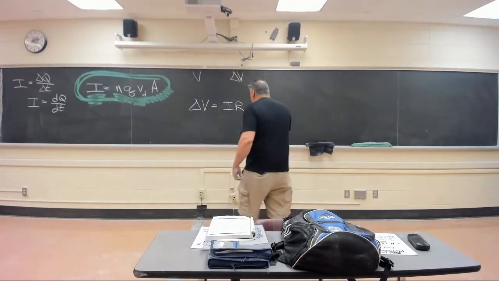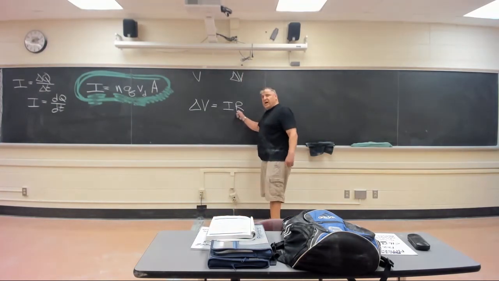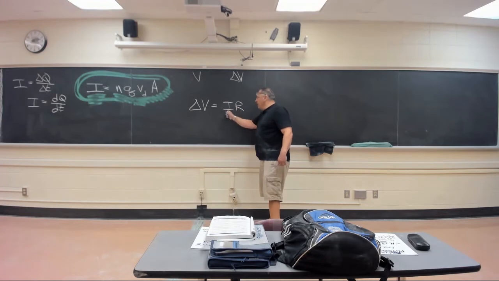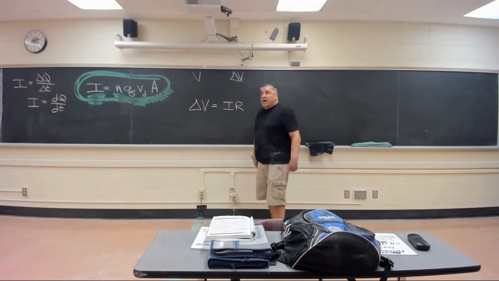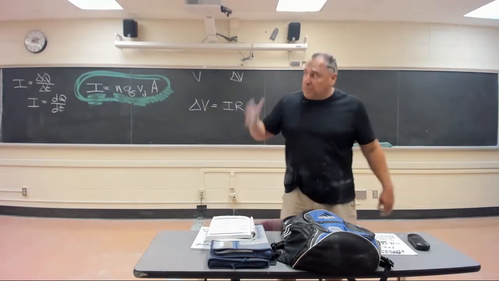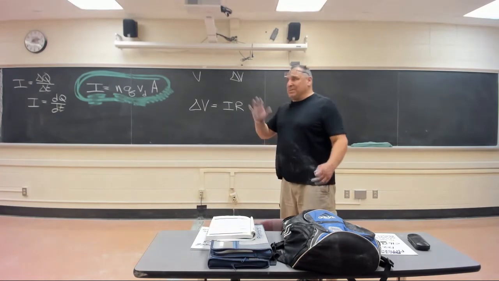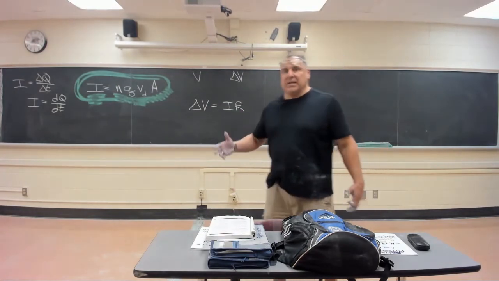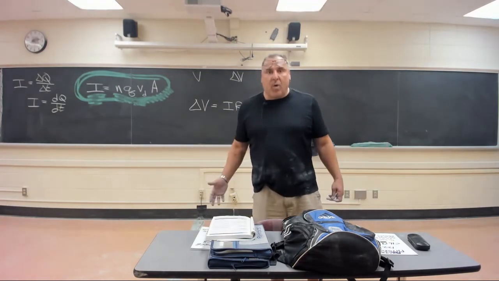If there is a large R, a lot of resistance, and there is still a lot of current, think of a hose being used to put out a fire. It's resisting the flow of the water, and yet there's still a lot of water coming out.